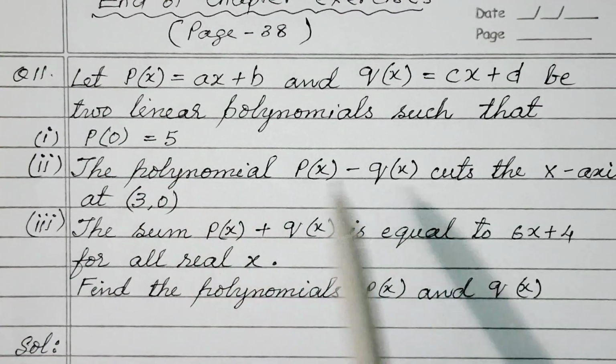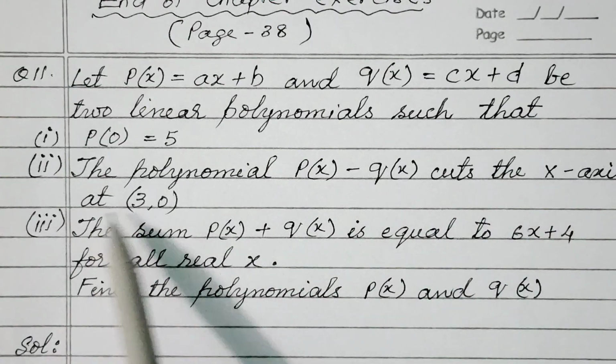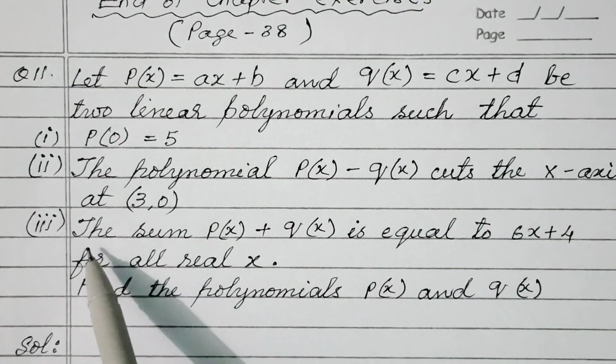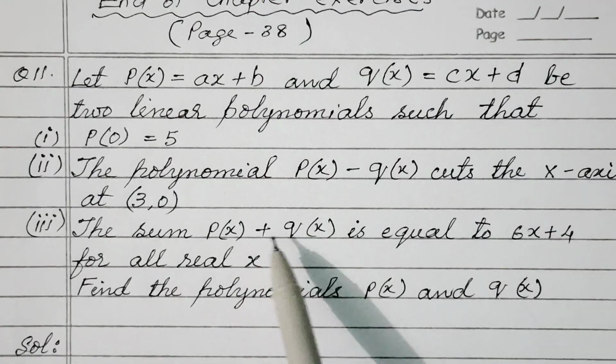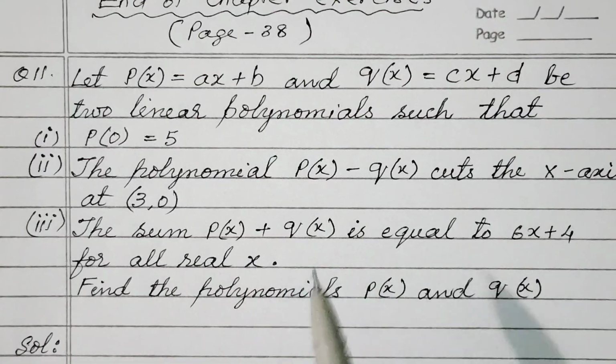The polynomial p(x) minus q(x) cuts the x-axis at (3, 0). The sum p(x) plus q(x) is equal to 6x plus 4 for all real x. Find the polynomials p(x) and q(x).